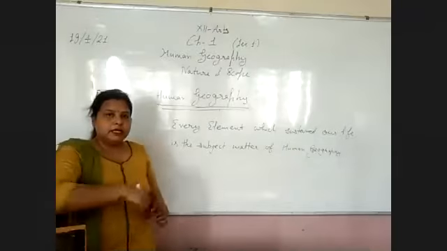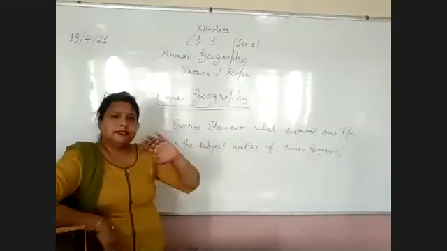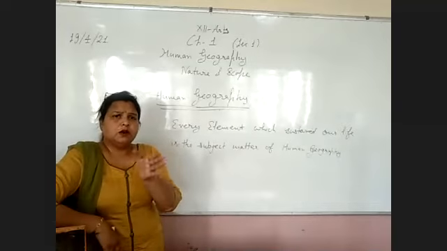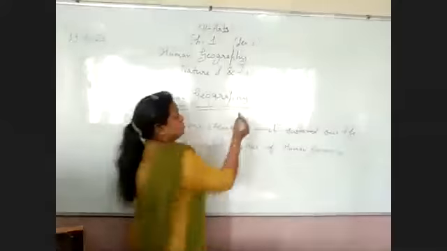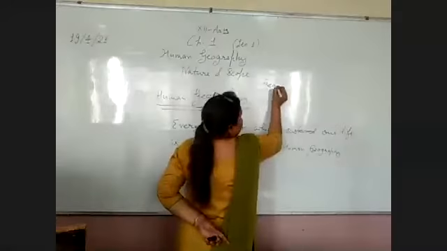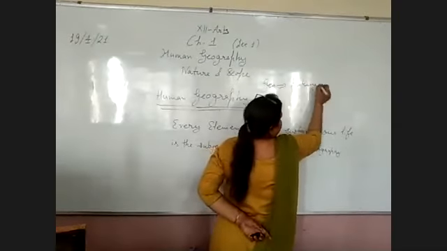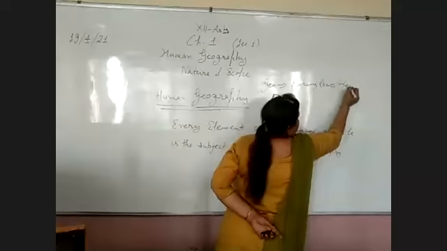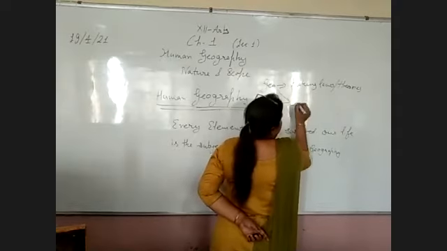Now the question is whether human geography is a descriptive subject, or about making laws, or theorizing. Means whether geography is based upon making laws or theories, or it can be descriptive.